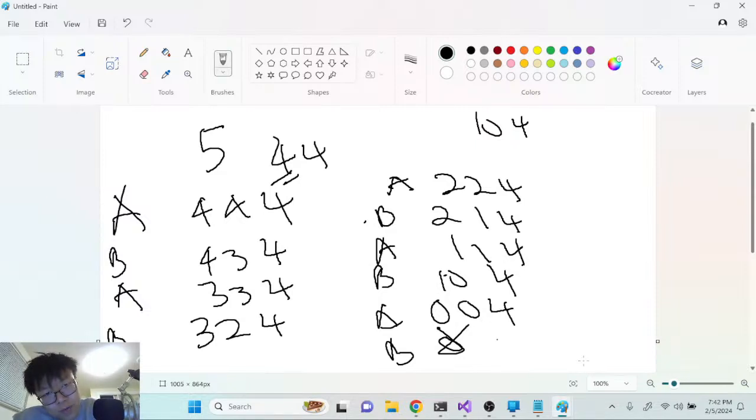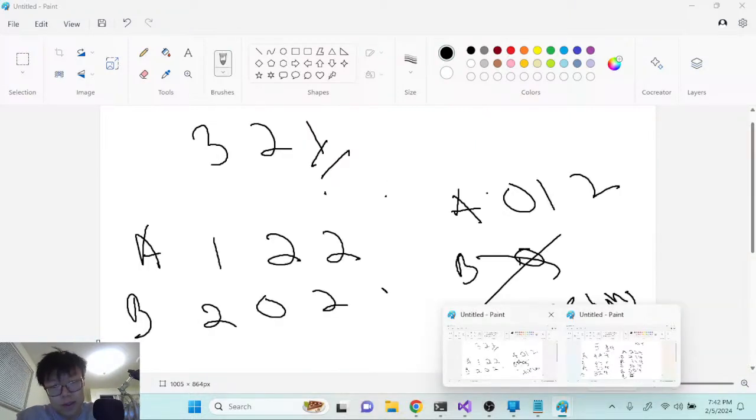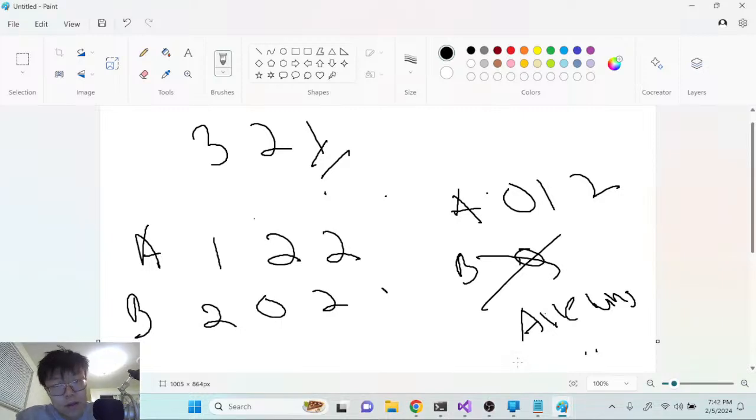You get 1, 0, 4. I don't... This is just ridiculous. Okay. Swap minus 1, you get 2, 1, 2, 2, 0. Swap with 0. 0, 2, 2. That's not right.